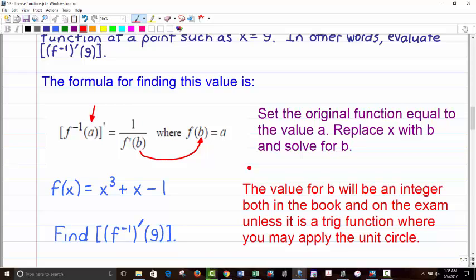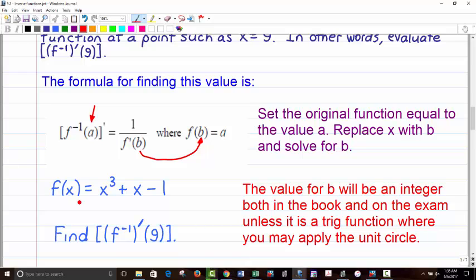You don't have to use a calculator. You can pick a value that you think is going to be close and then work your way from there, up or down, positive or negative. Or you can let the calculator solve it, like graph it and find the intercept, but that's too much trouble. I don't think you'll need to do that.